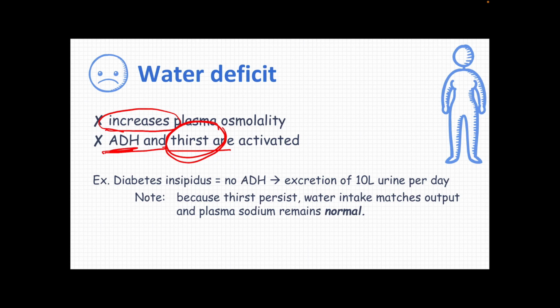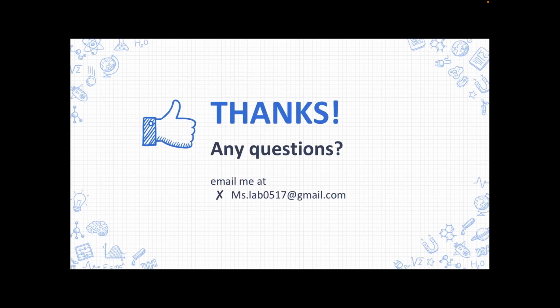In this case, we have an example, diabetes insipidus. This condition would result in excretion of 10 liters of urine per day. And because thirst persists in this condition because of the action of the hypothalamus, the water intake will match the output, so the plasma sodium will remain normal. So that's it for this session. Thank you very much.